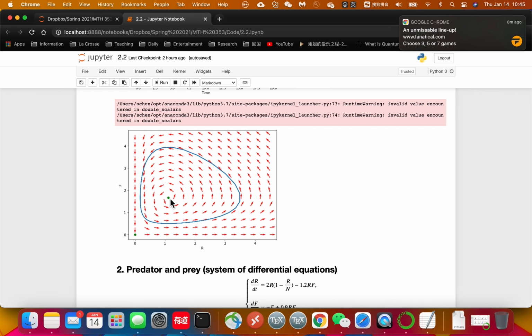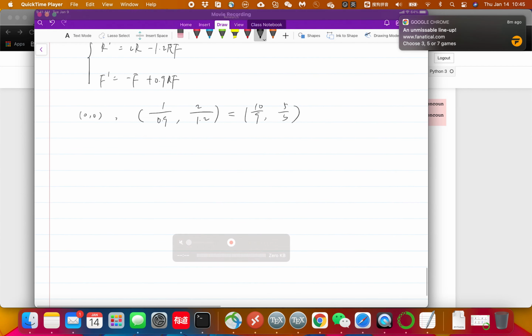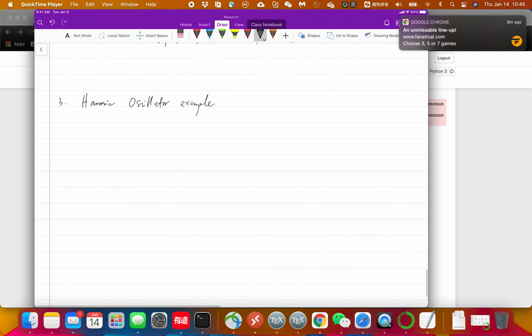Now we can just simply repeat this process with one more example, to let this sink in a little bit. The harmonic oscillator. We can just do a simple case. We have y prime prime equals negative k over m, y, and we just let k equals m equals 1.